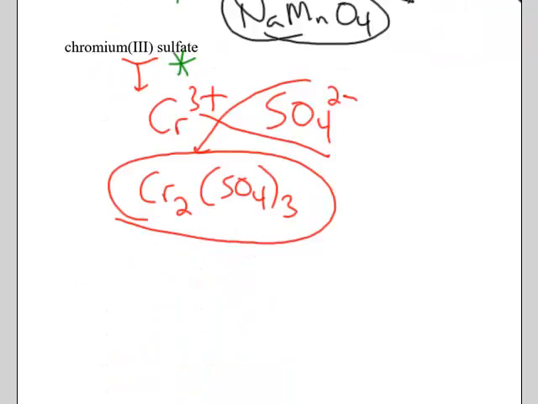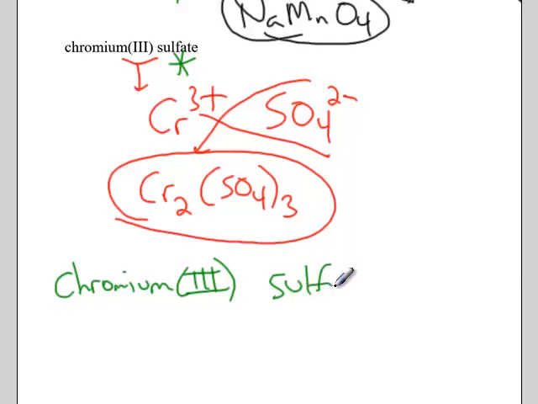The reason for that is you could have the chemical chromium 3 sulfide. So the chromium is a positive 3 charge cation. Sulfide, we know, must have come from the sulfur element on the periodic table because it changed from sulfur to sulfide.